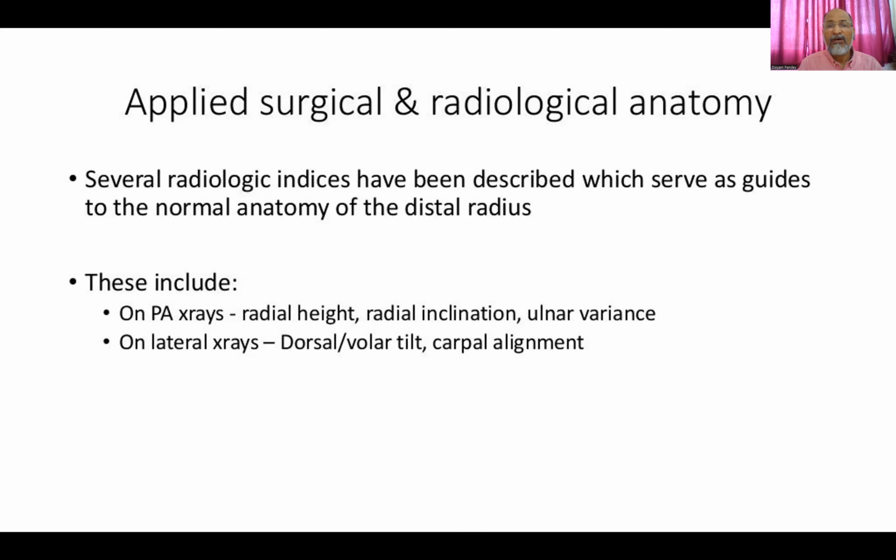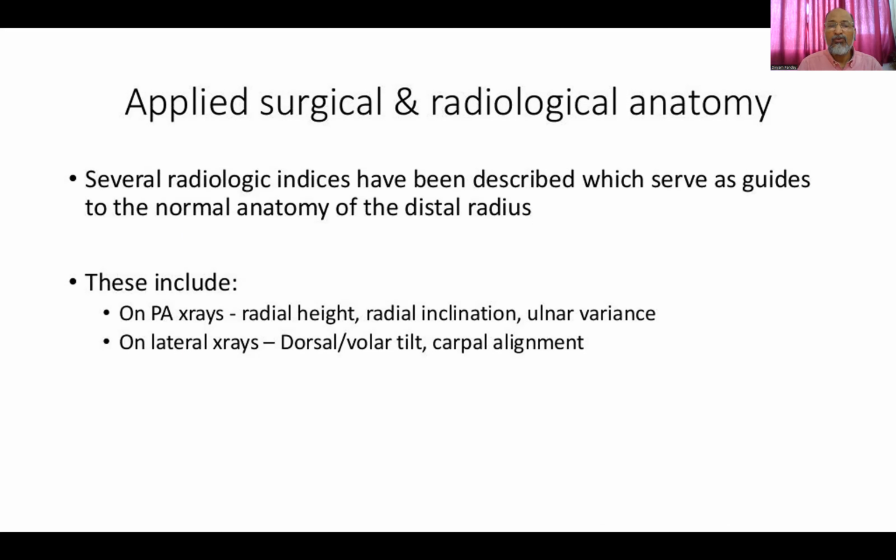Then we talk of the different indices which have been prescribed to know the actual anatomy of the radius when you are reducing a fracture, and certain radiological parameters to know that the reduction is 100% or okay.